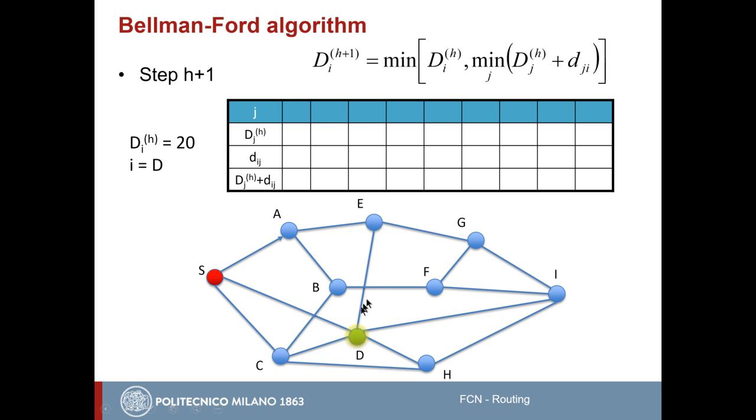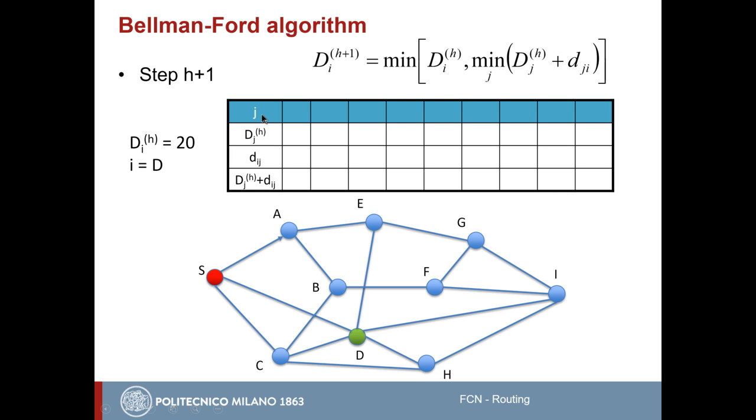Now we have to compute the other values. We have to take D as the pivot, let's say, then walk on the network and consider each other node, and calculate this value here, which is the distance of the other node plus the link that is connecting node J, which is the running variable, to node I. So this is a table.